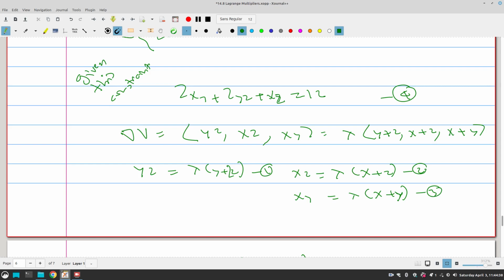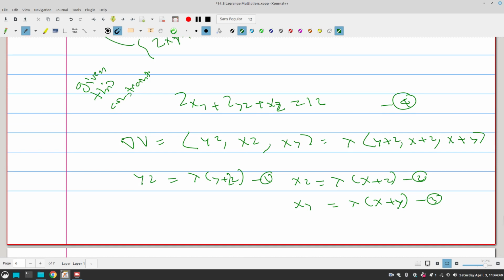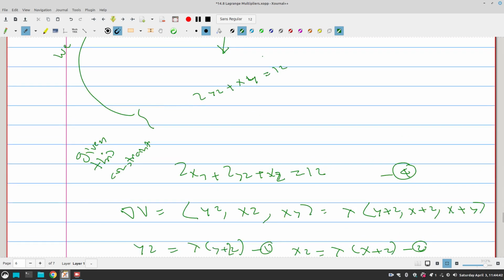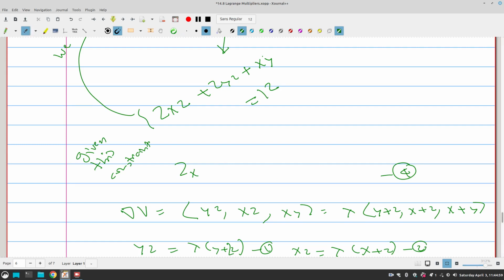This is the constraint. Making a mess of this question. 2xz plus 2yz plus xy equals 12. So 2xz plus 2yz plus xy equals 12.